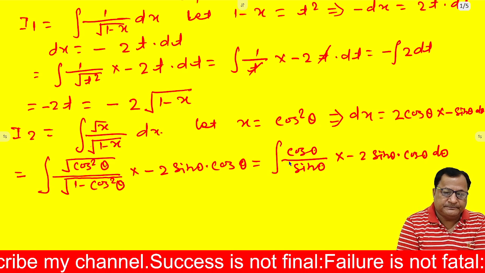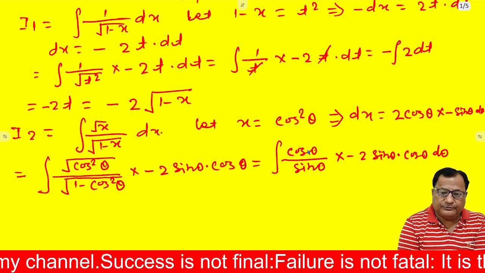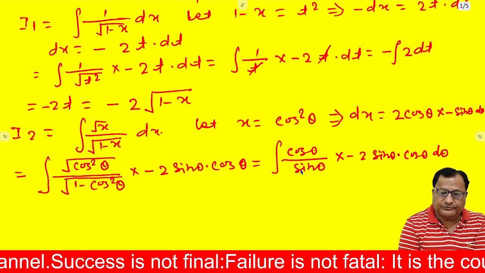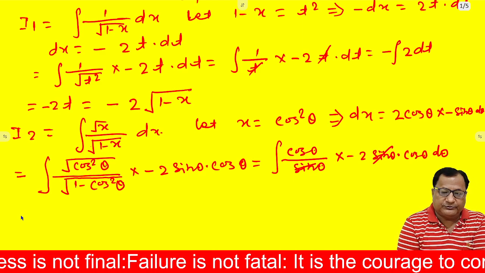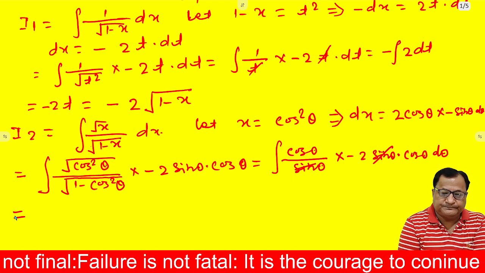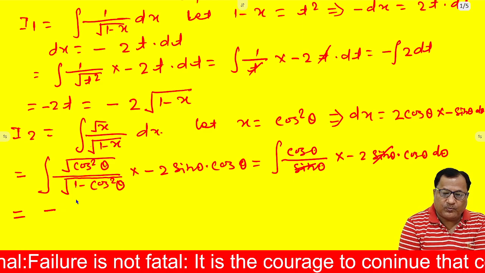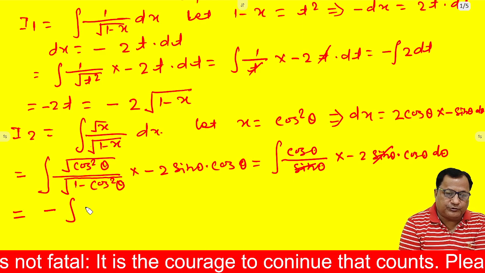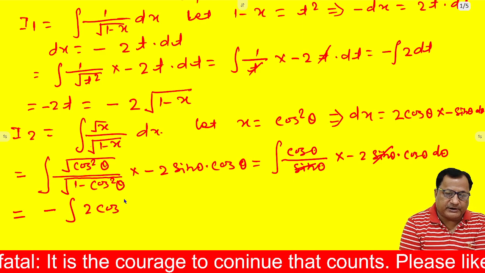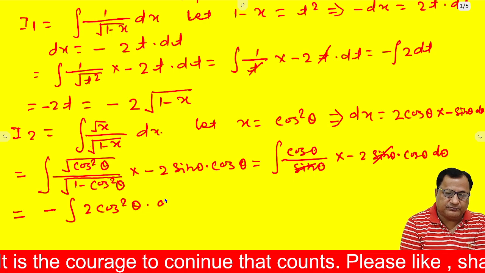So sin theta and sin theta will cancel. So here will be minus 2 cos square theta d theta.